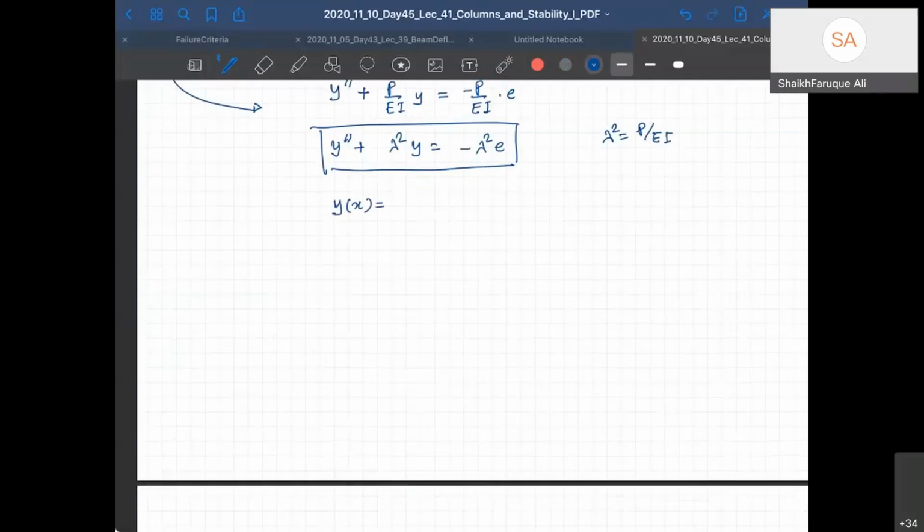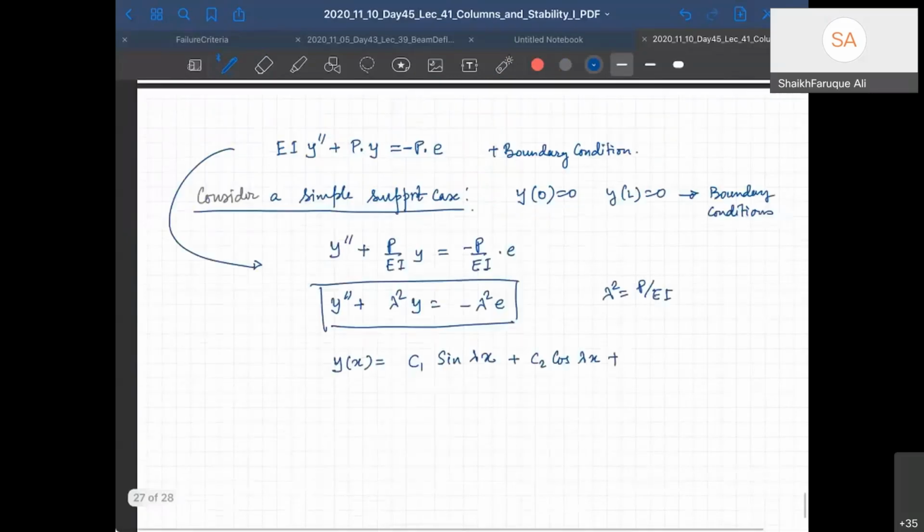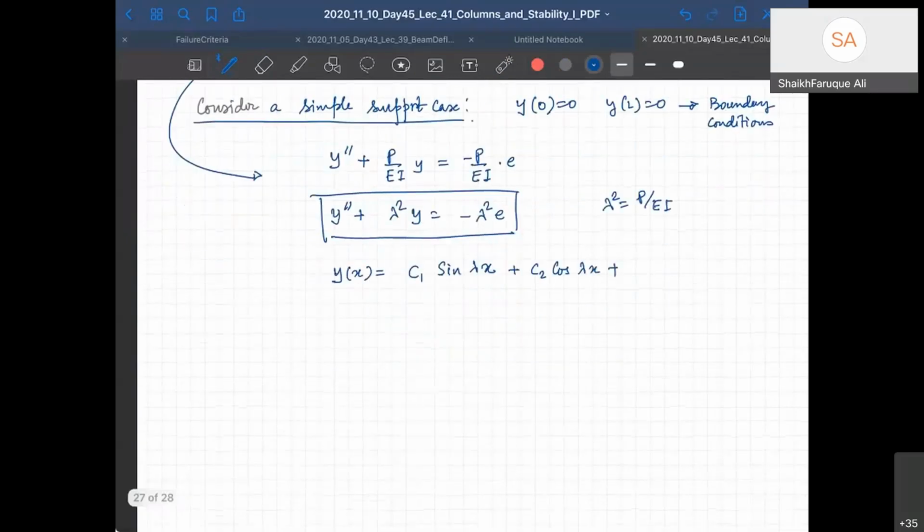y of x is equal to C1 sine lambda x plus C2 cos lambda x plus the particular integral. How do you choose the particular integral? Anyone? The particular integral is just a constant, of degree 0.